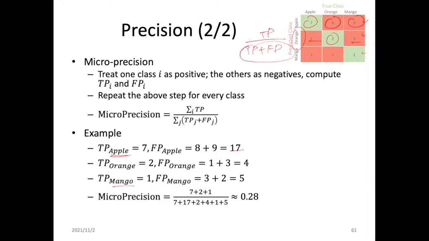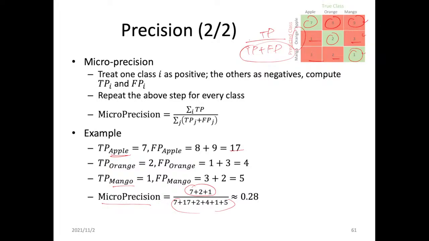Likewise, for mango, this 1 is true positive, and this 3 plus 2 are false positives. So micro precision is summing all the TPs in the numerator, and summing all the TPs and FPs in the denominator. That's micro precision.